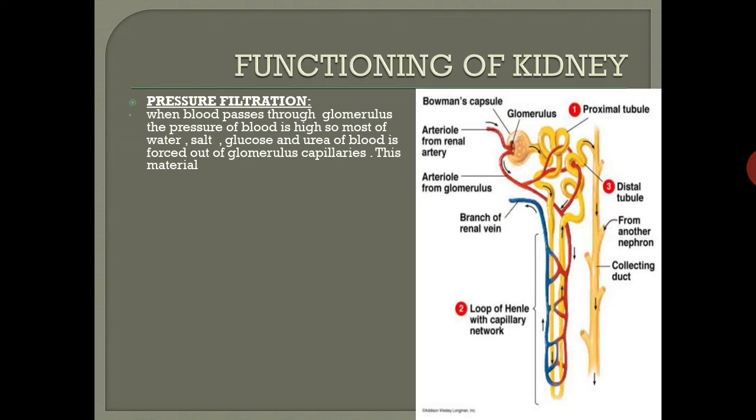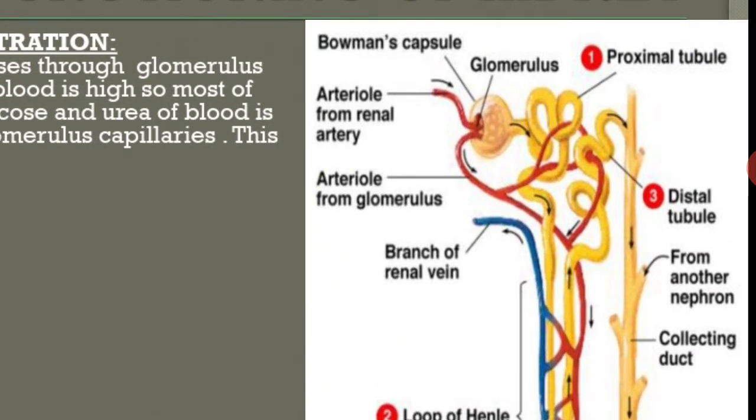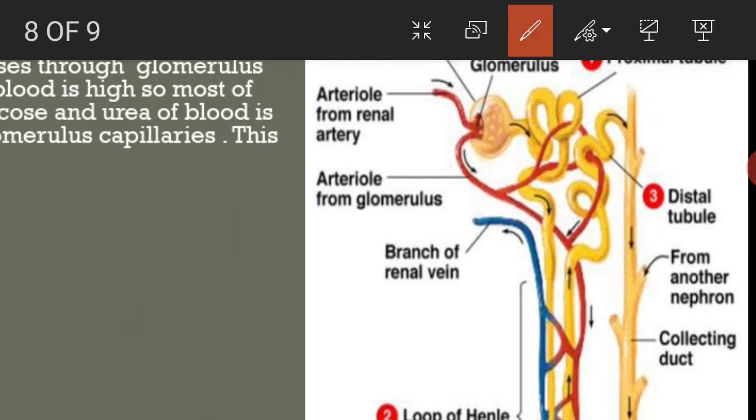When blood enters the kidney through the renal artery, it divides into arterioles and then goes to the glomerulus, which is a network of capillaries.